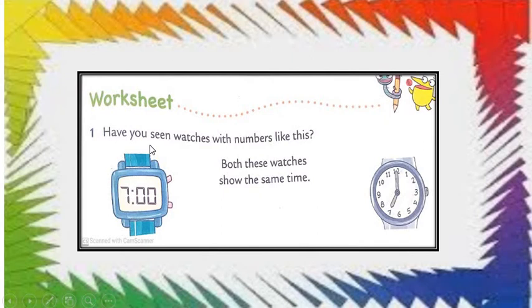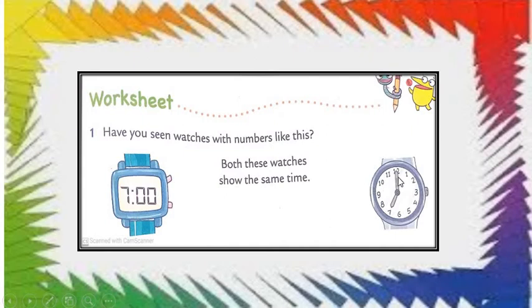Now you can see two types of clocks on your screen. Have you seen watches with numbers like this? Look at here, my dear students. This watch has the numbers on it, 7:00.